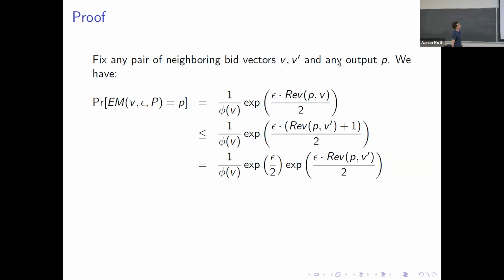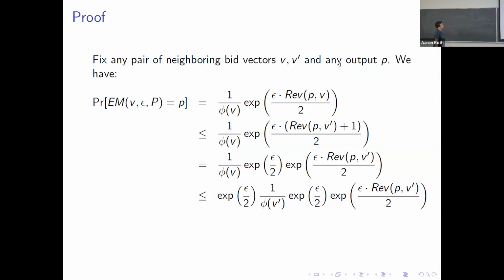One person's unilateral deviation has changed the revenue that we could make at any fixed price by at most one, which allows us from each term in the denominator to pull out this very same e to the epsilon over 2 factor. So we can pull out another e to the epsilon over 2 factor from the denominator as well, and get the denominator that would have resulted had bidder i unilaterally deviated.